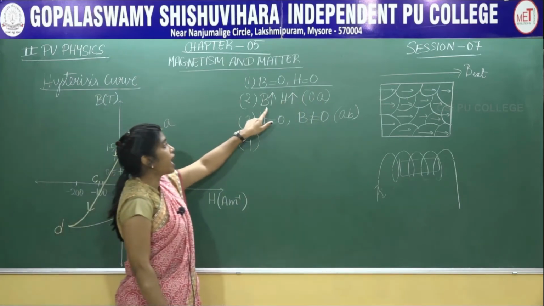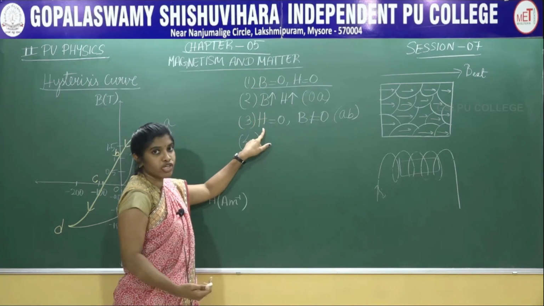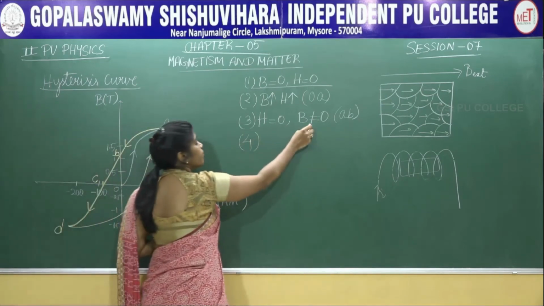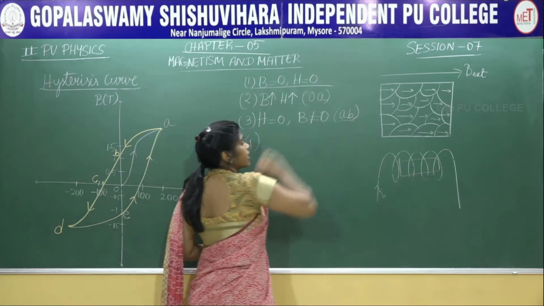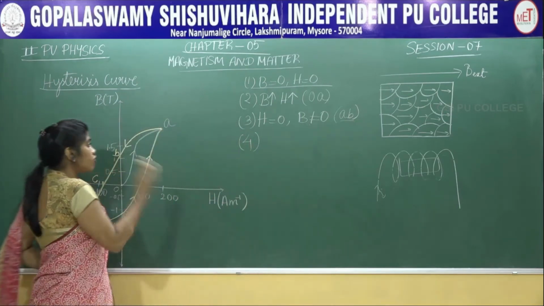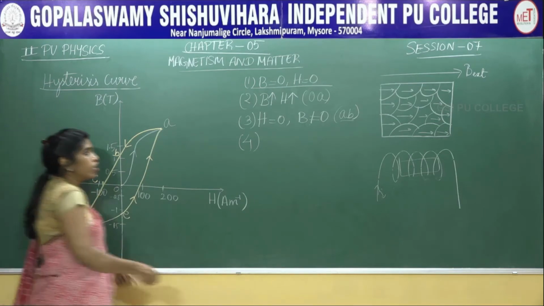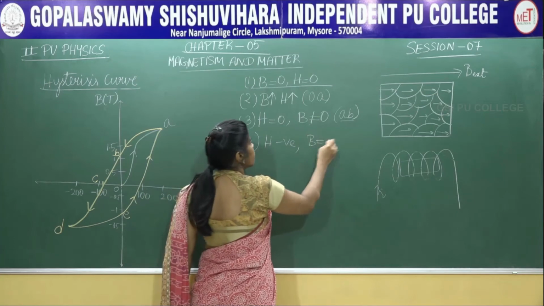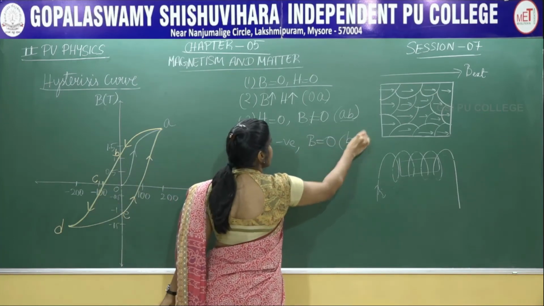Since B has reached the saturation point, we are going to decrease H to 0, but the value of B is not equal to 0, and that is represented by the curve AB. Now further, I am going to reverse the direction of current. So, H becomes negative for B to become 0, and that is represented by the curve BC.